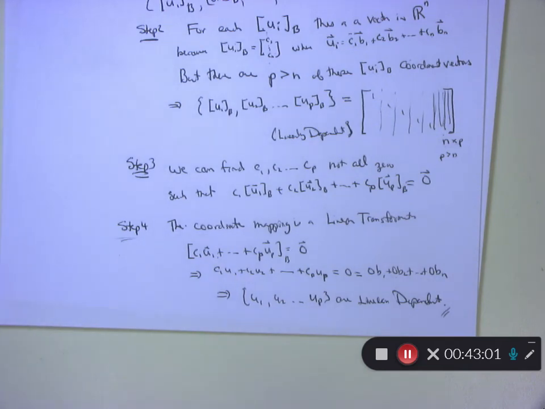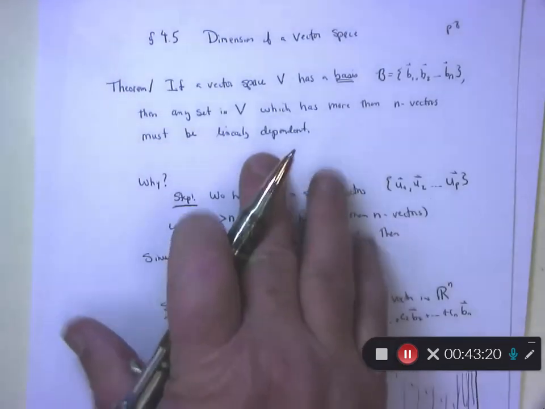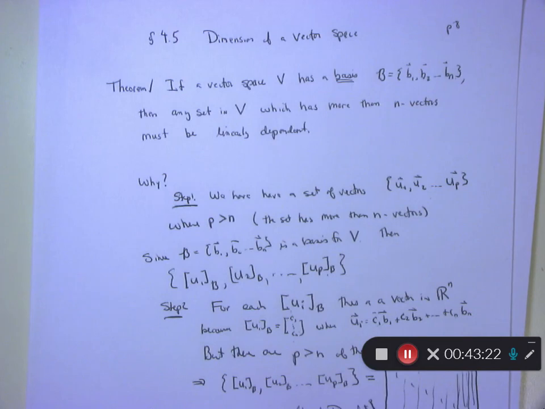Anything below it better be a row of zeros. So you can show that C1 equals 0, C2 equals 0, that's your linearly independent stuff. I've got way more columns, more vectors, than I have basis elements, which automatically is going to make this linearly dependent, and that's what our theorem actually tells us.